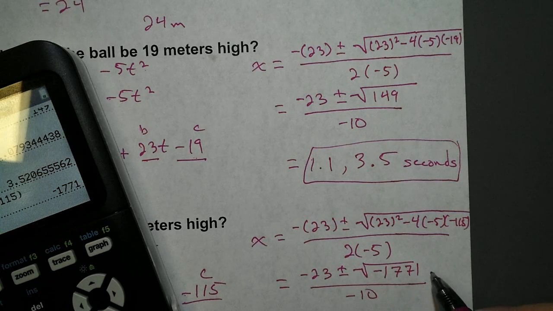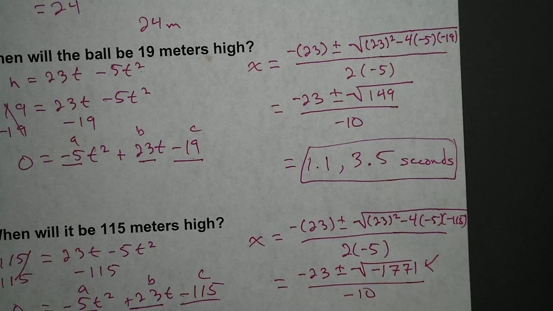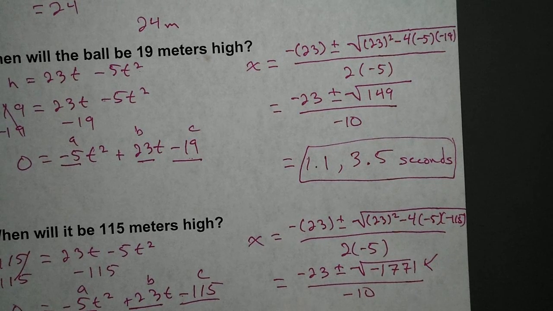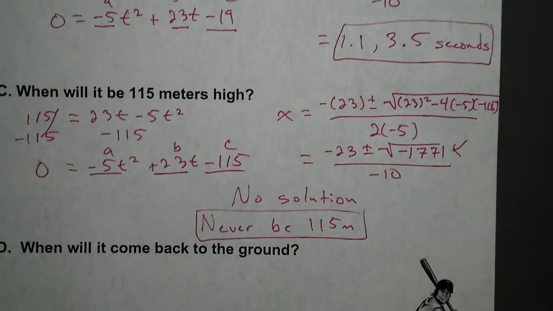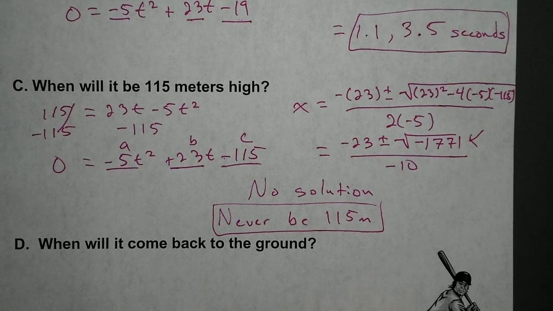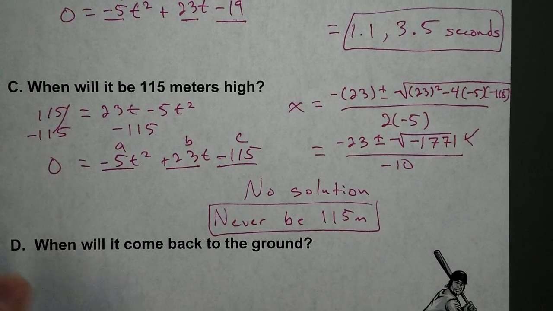Well, we've got a negative inside, and we know whenever we get a negative inside a radical, there's no solution, which means it will never be 115 meters. Sorry. So right there when we saw the negative, no solution, so it's never going to go that high.